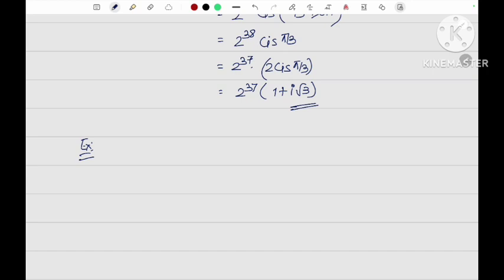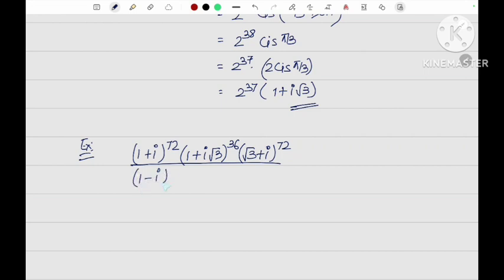I am going to solve now 1 plus i to the power 72, 1 plus i root 3 to the power 36, root 3 plus i to the power 72 divided by 1 minus i to the power 36, root 3 minus i to the power 18.